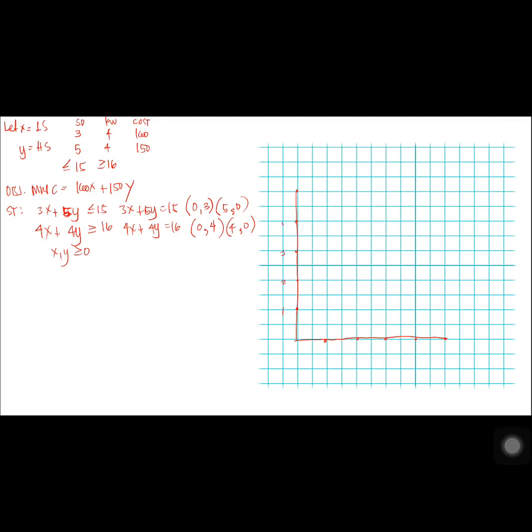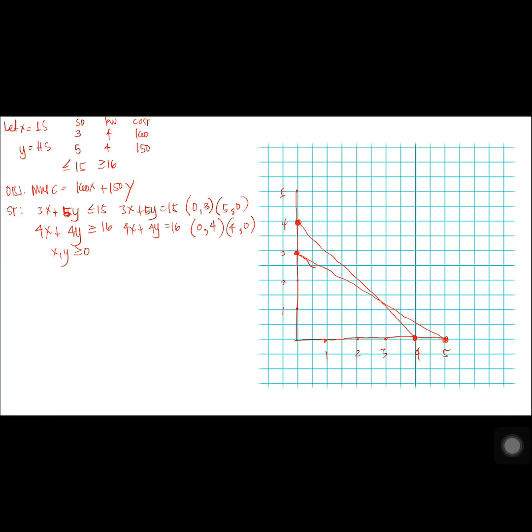We have 1, 2, 3, 4, 5 on each axis. For our first line, we have 0, 3 and 5, 0. The second one is 0, 4 and 4, 0. You have it there.